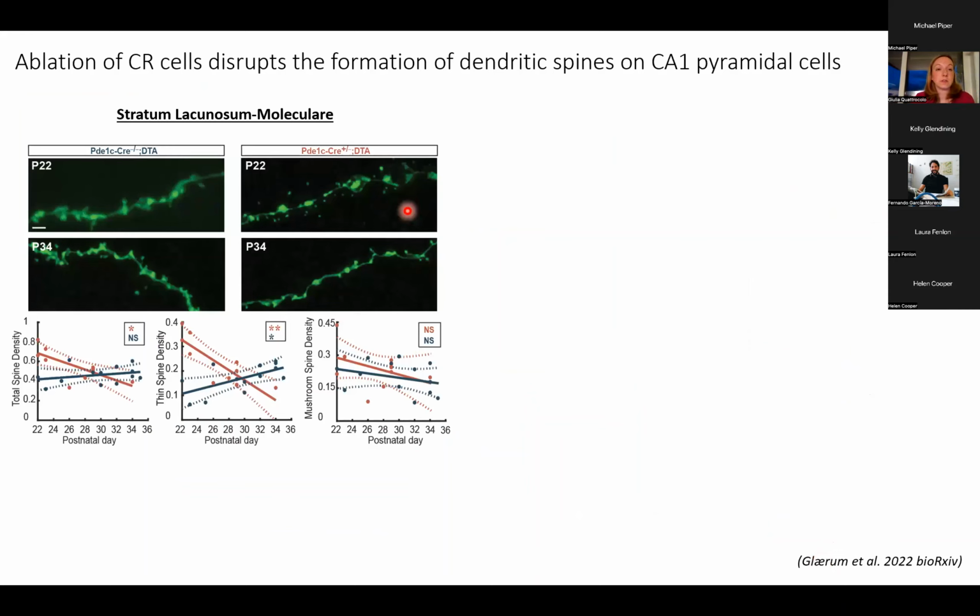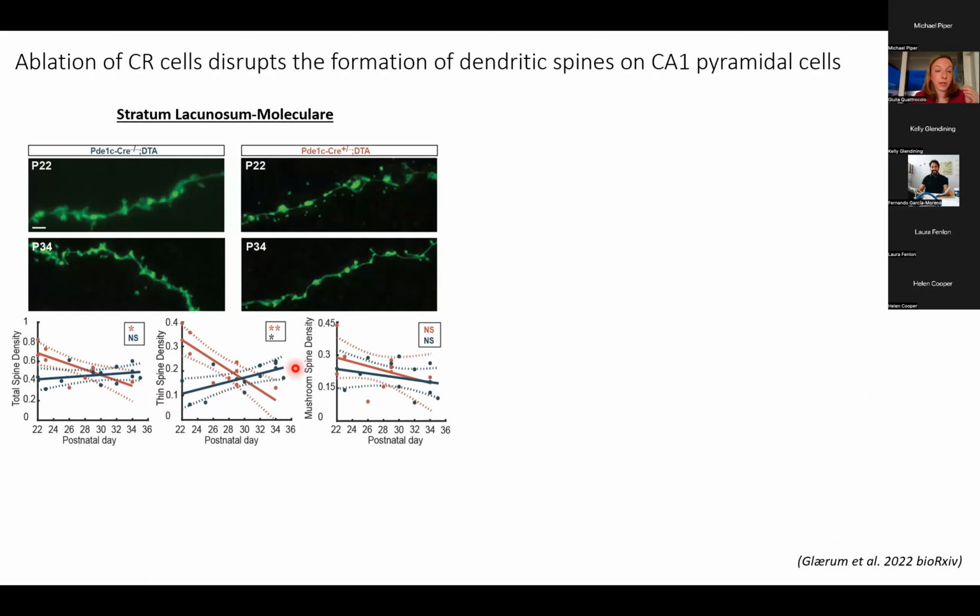Here is the analysis in stratum lacunosum-moleculare. If we concentrate first on the blue lines, which are the CRIP-negative animals, so the control animals, we can see that in postnatal development there is an increase in the spines, particularly in the thin spines, right?